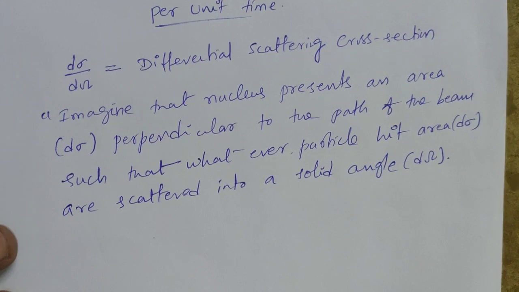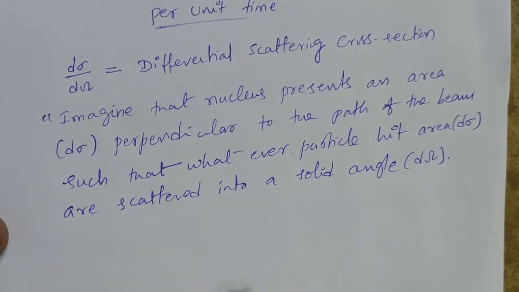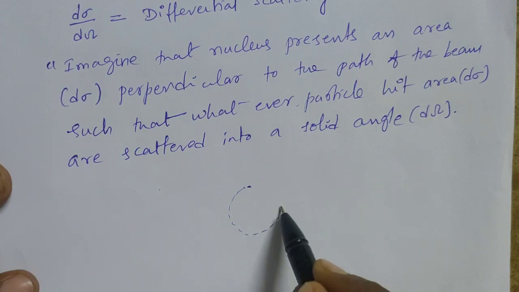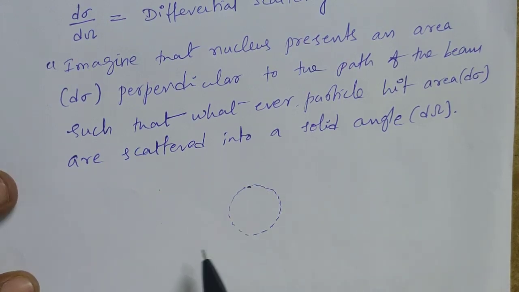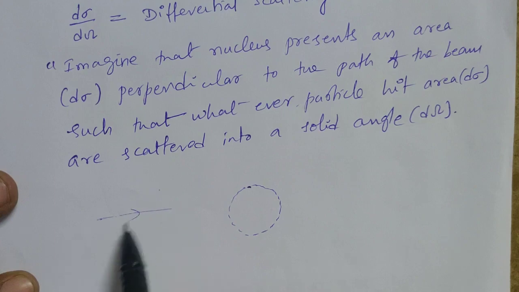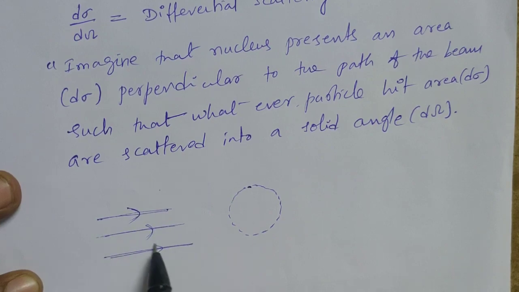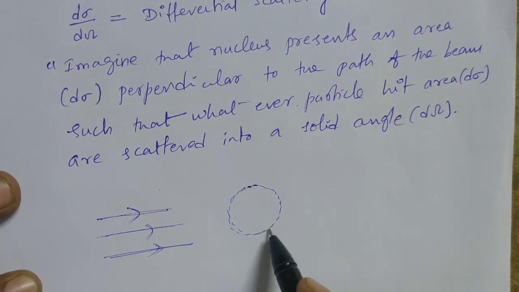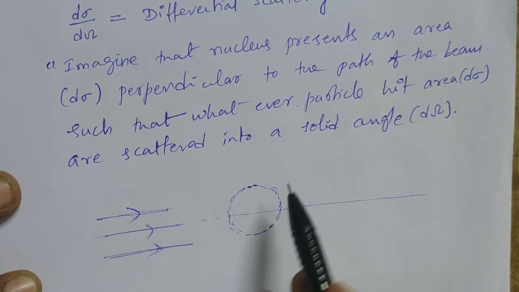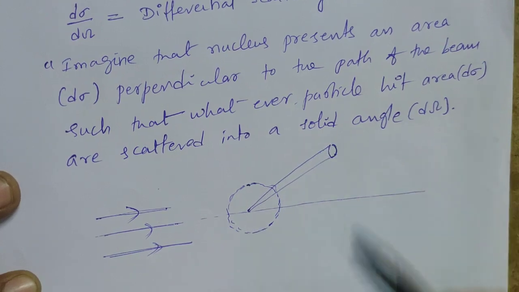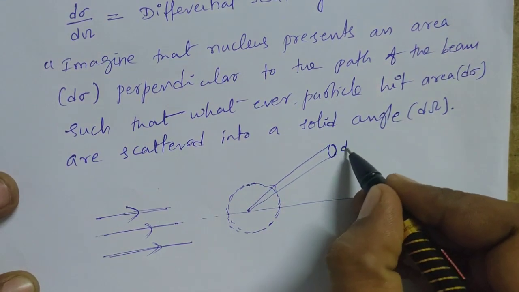So when the particles are coming and hitting, there is an effective area something like this. When the beam of alpha particles is coming like this, the nucleus will present some effective area to it. Because of this, these alpha particles will be scattered into a certain angle, into a solid angle. Let us denote this solid angle like this.